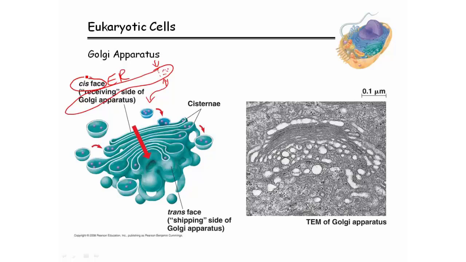So in that case, another vesicle will pinch off, containing these finished materials, and then it will ship them to wherever they need to go inside the cell. So that may be to the plasma membrane, it may be back to the nuclear envelope, it may be to the Golgi apparatus, or sorry, to the endoplasmic reticulum. But in any case, we do have a specific side of the Golgi that is responsible for shipping things out, and that will be what we call the trans side or the trans face. So the Golgi apparatus is a processing plant and a shipping plant for ER products.